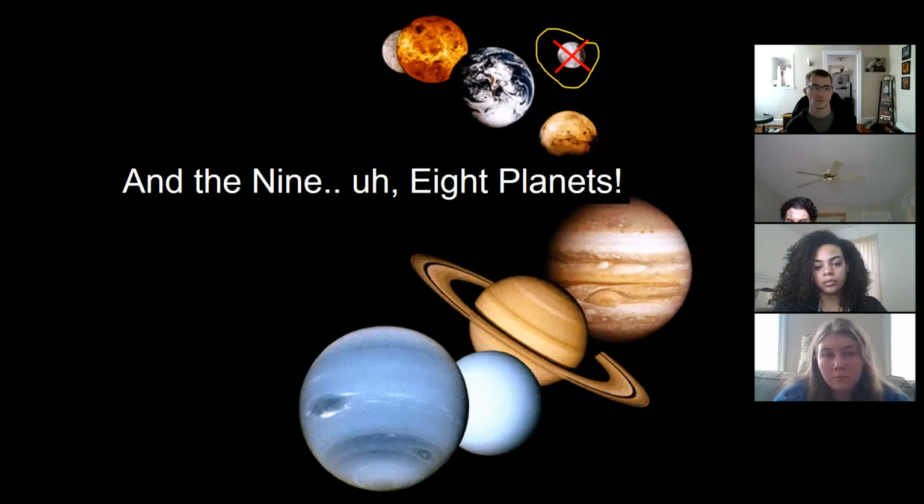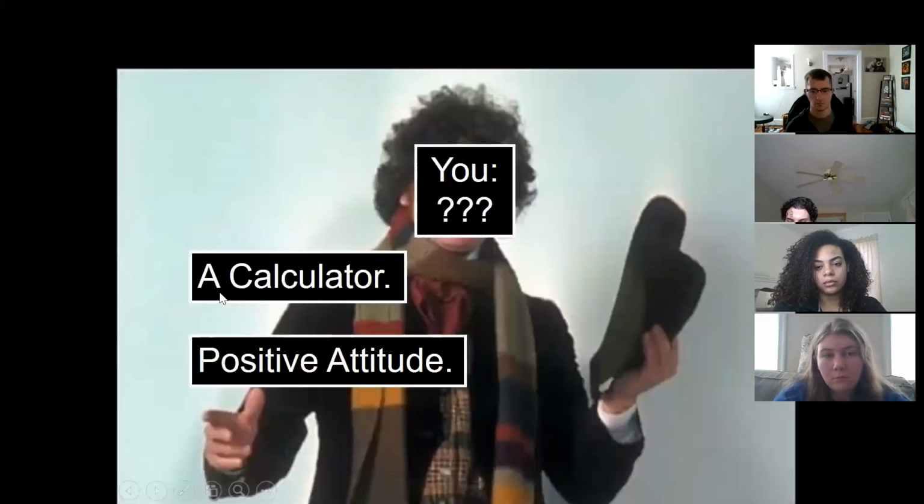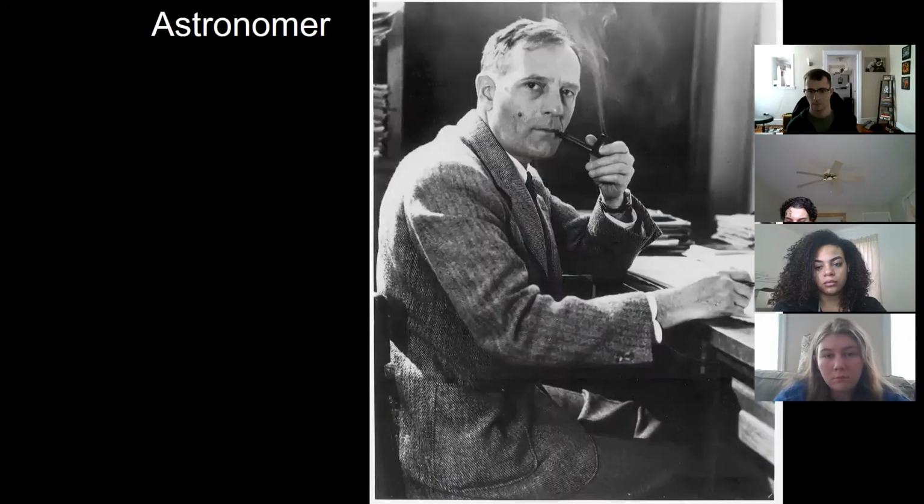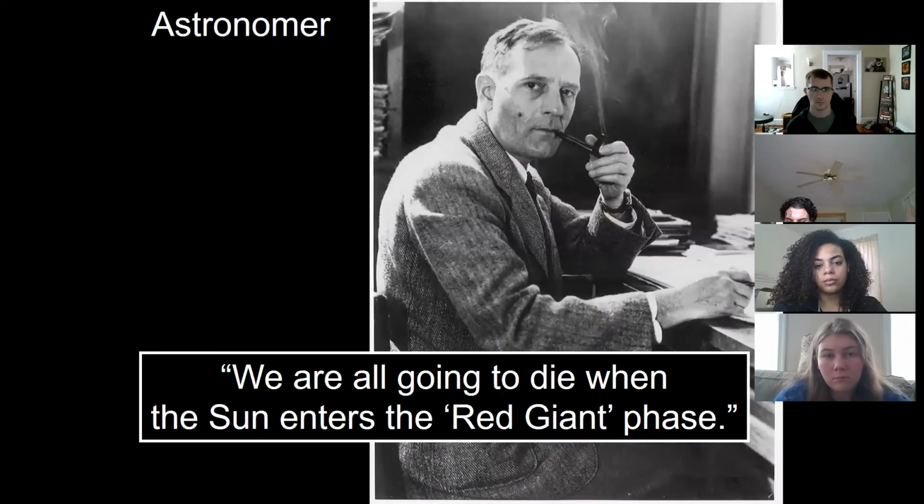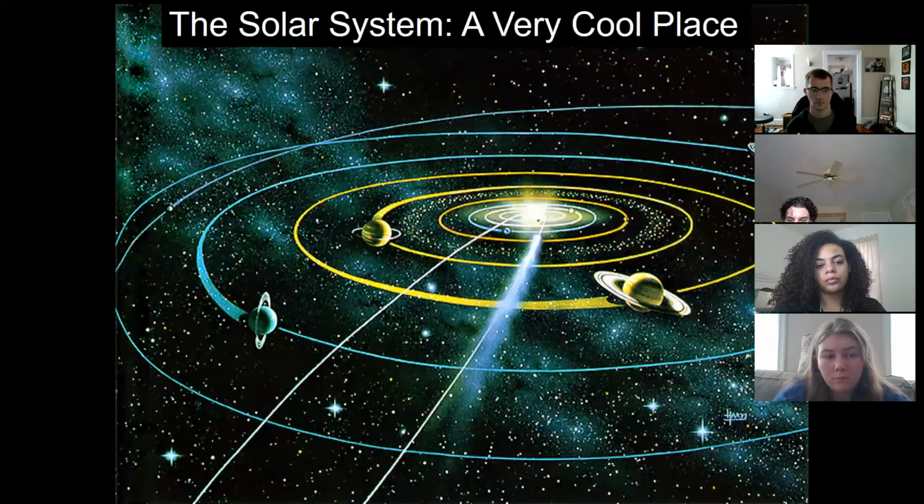So let me put this in a simpler way for everyone to understand. Back in the day, when Ma and Pa took Astronomy 1010, maybe in the 1960s or 70s, or I guess 80s, I'm getting old, it used to be that there were 9 planets, right? Mercury, Venus, Earth, Mars, Jupiter, Saturn, Uranus, Neptune, and Pluto.